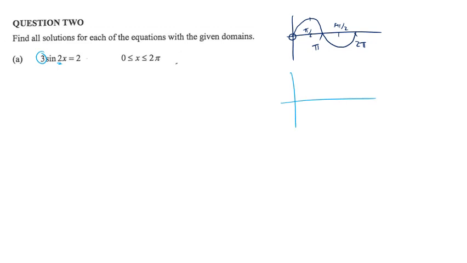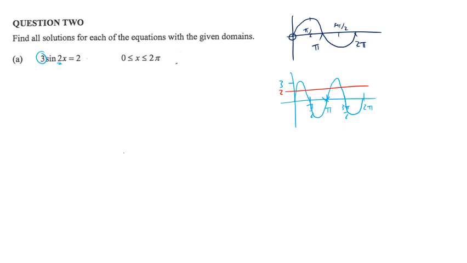So here is my new graph. There's pi, 2 pi, pi over 2, 3 pi over 2. Now that is 1 period, so I need to go up 1 period, two waves in that 2 pi period, going up to 3. So when we're trying to solve, we're going to get 4 answers in this 2 pi period.